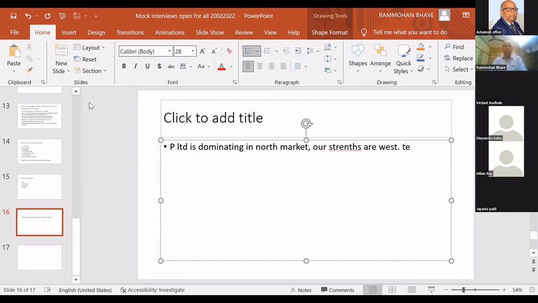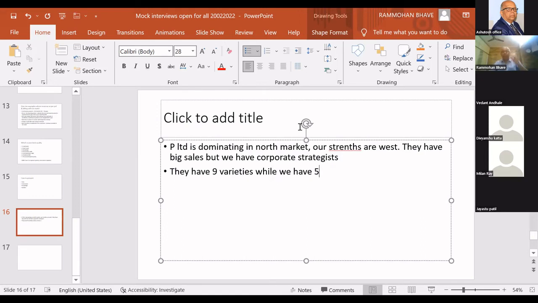They have a big sales team, but we have corporate strategists. They have 9 varieties of product, while we have 5. Now the issue is, this report is nothing but data.